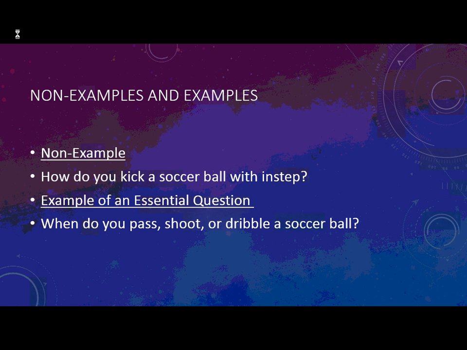So if we look at this question, how to kick a soccer ball with the instep, you could Google that really easy. It's just a matter of kicking the ball with the inside of your foot. And so that's not an essential or driving question.